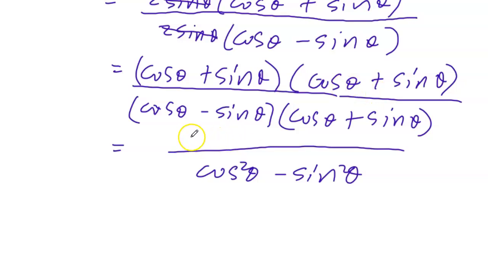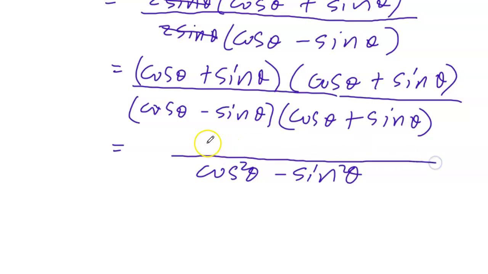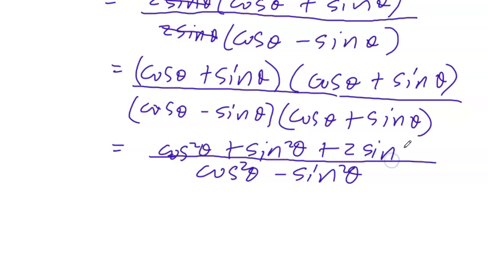Let me write it a little neater. If I expand it, the numerator will be cos times cos, that's cos squared, and then sine times sine, that's sine squared theta. Another term will be 2 sine theta cos theta.